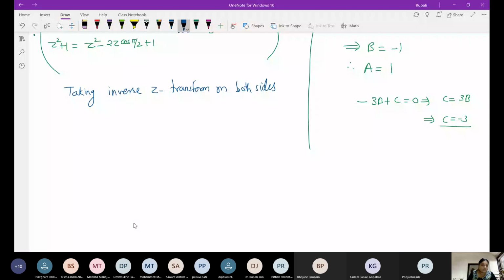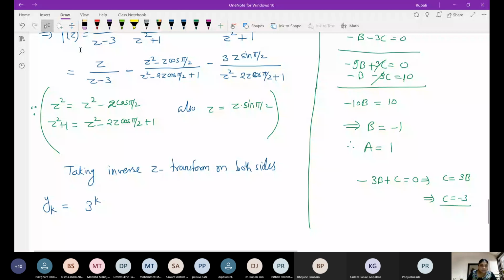We get y_k is equal to, this is for 3 raised to k, minus cos of pi by 2 k, this is the z transform of cos ak, and minus 3 times sine ak, where a is my pi by 2.